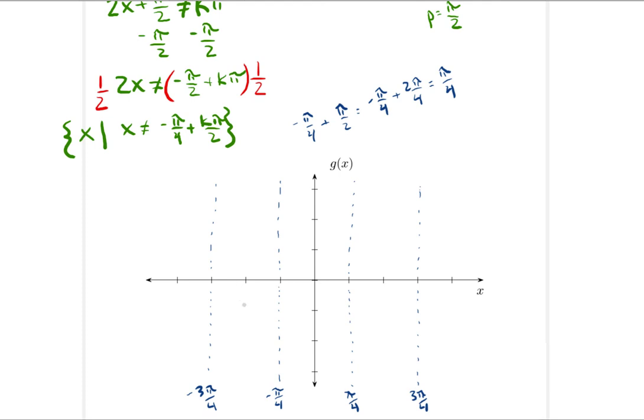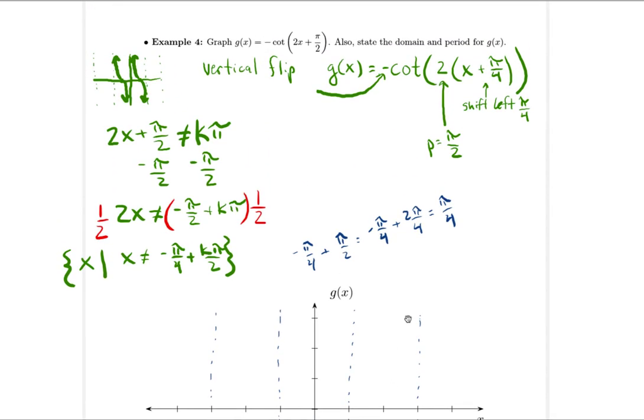So now we actually know how to make the graph right here, okay? Here's the shift left pi over 4 we were talking about, and you can see that because normally there's an asymptote at 0. And then remember, cotangent normally is positive to the left, negative to the right of the 0, but we do have a vertical flip. So that's going to flip everything.